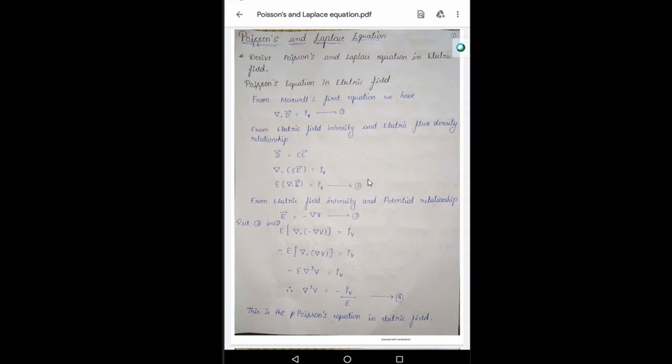So we have derived now Poisson's equation as well as Laplace equation here. So what is that?